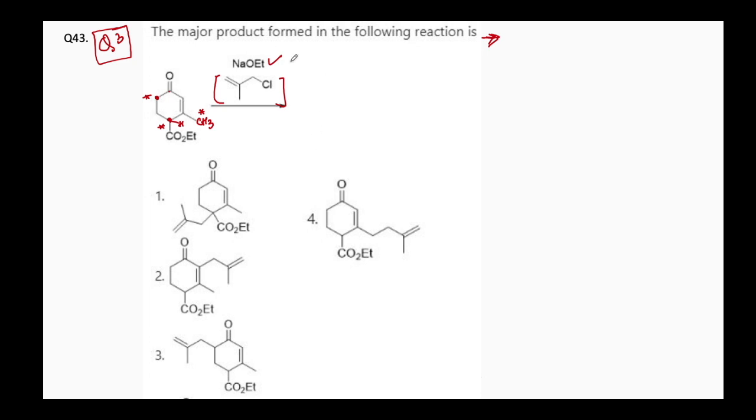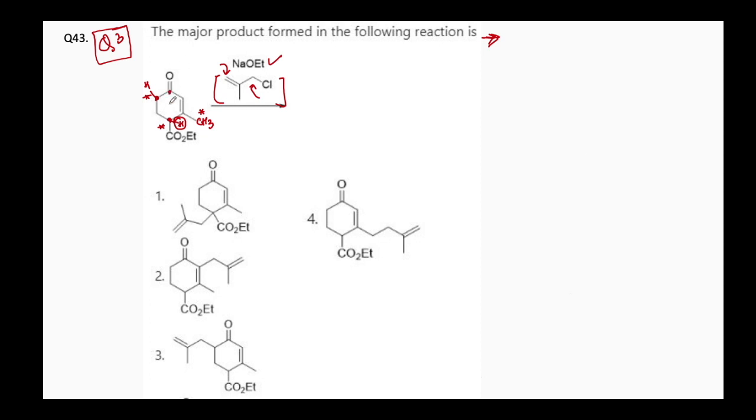Now the question is, where is the proton being removed? And the further question is, which position on this electrophile is being attacked, this position or this position? Both of these are important. First thing, guys, this hydrogen is going to be less acidic compared to this hydrogen. Why? Because this is a ketone.